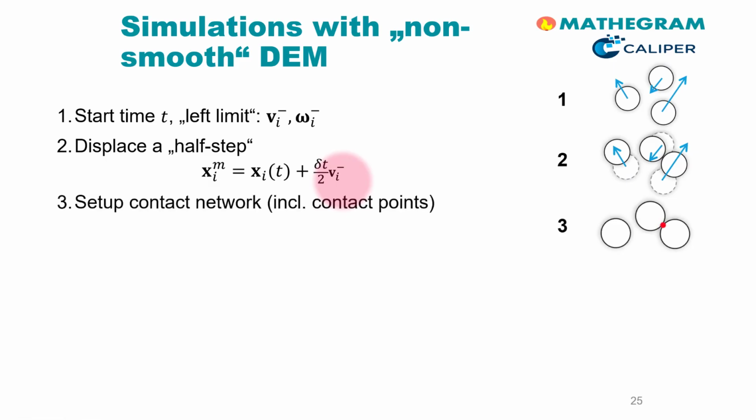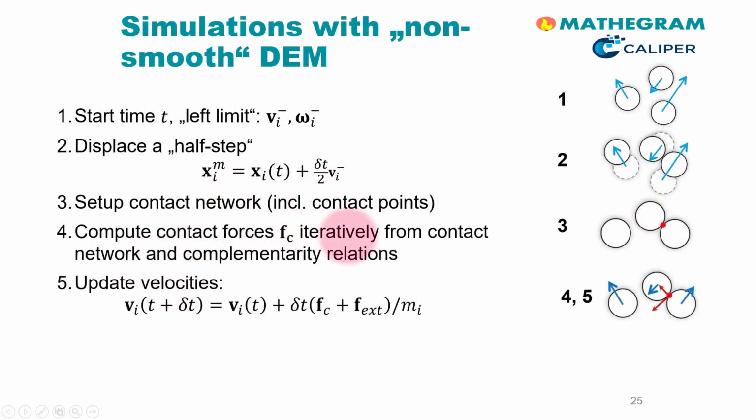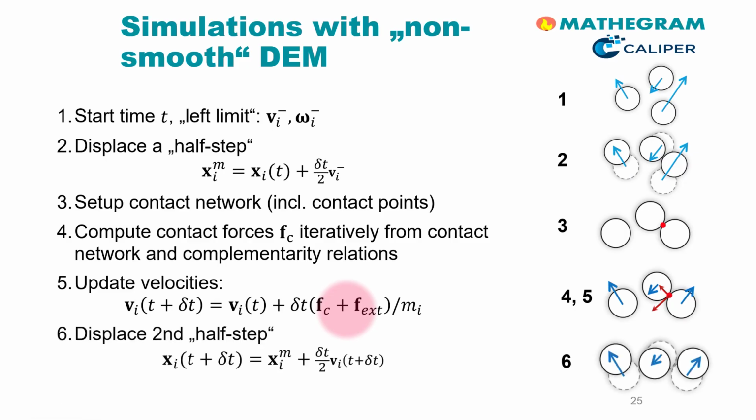Third, the contact network, including potential contact points, are identified. This is needed for the fourth step, in which the contact forces are computed from the complementarity relations. Fifth, the velocities are updated based on these contact forces and, of course, the external forces. The sixth and last step is to perform another half position update, this time by considering the new velocities vi at t plus delta t.